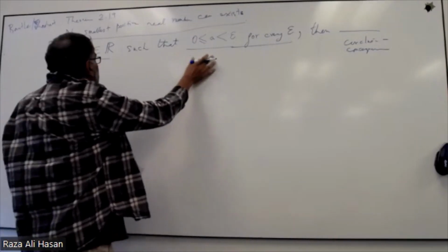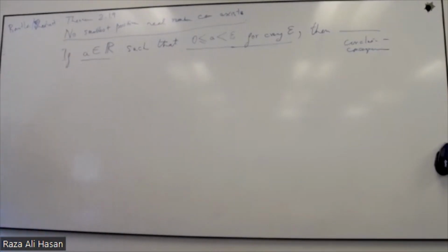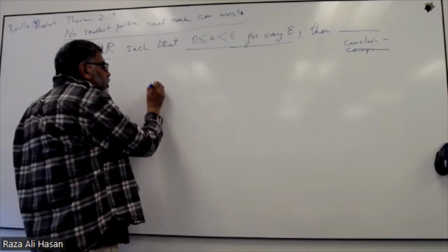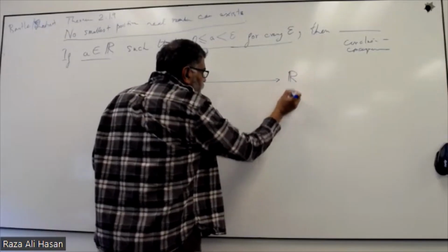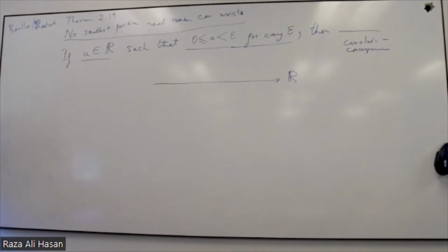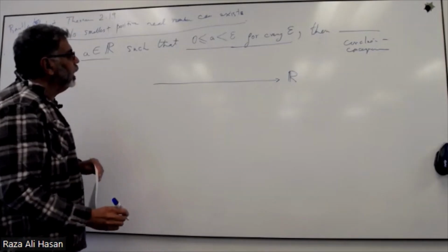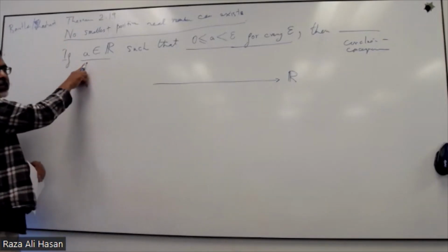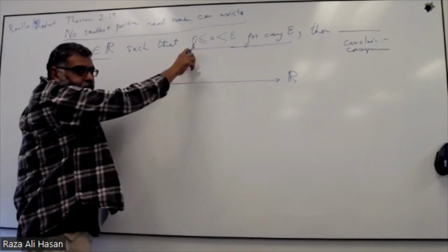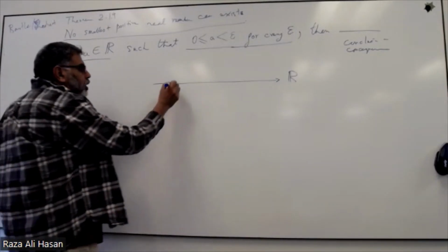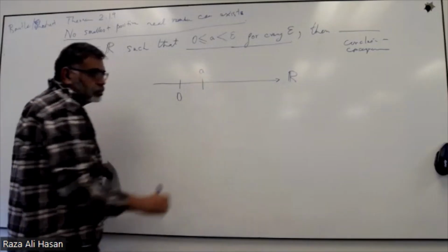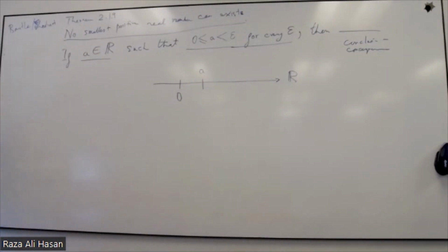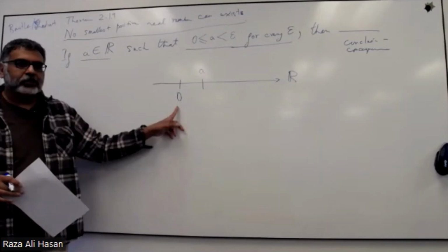So we want to have an A that belongs to the real number system. So our picture would be, we have a real number line. And what kind of number is A? It's a positive number, right? Or it could be equal to 0. So if I throw in 0 here, A would probably go here. Or A could be equal to 0.